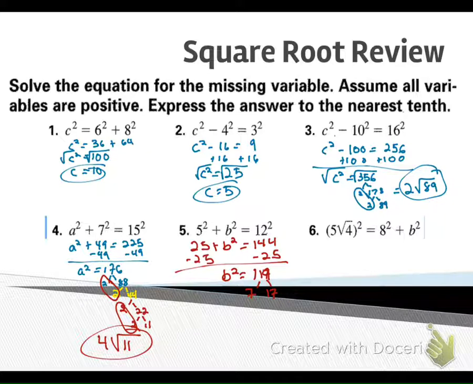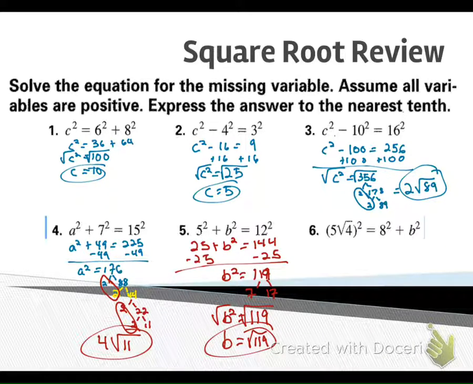So it's a pretty good guess. What do we know about 7 and 17? They're both prime, so we can't go any further. So we have b squared equals 119. We square root both sides. b equals the square root of 119.